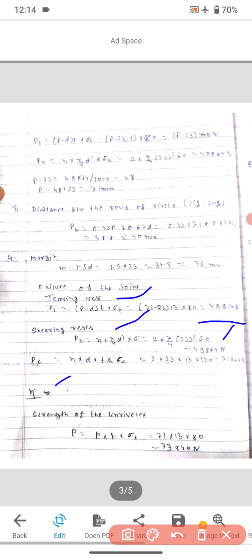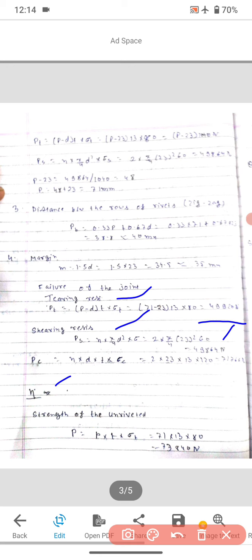The tearing resistance value is 49920 Newton, which is greater than the shearing resistance value. Please keep in mind that the minimum value can be for any of the failure modes, tearing, shearing or crushing.